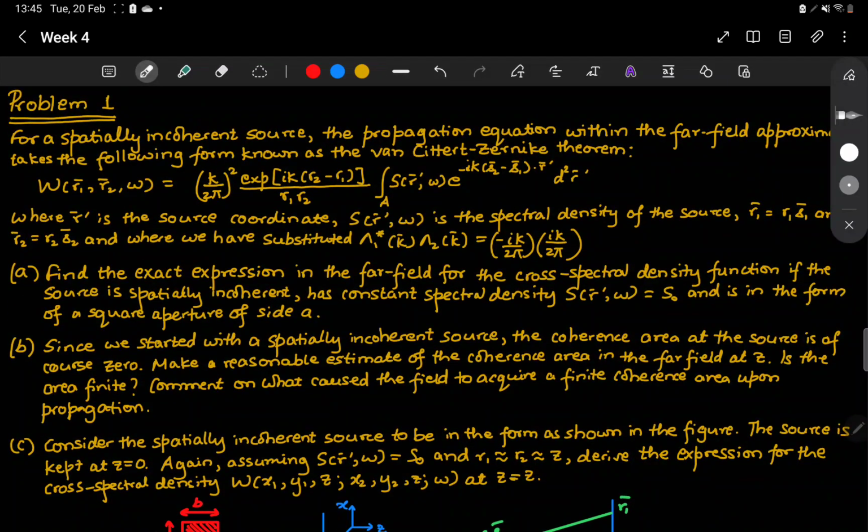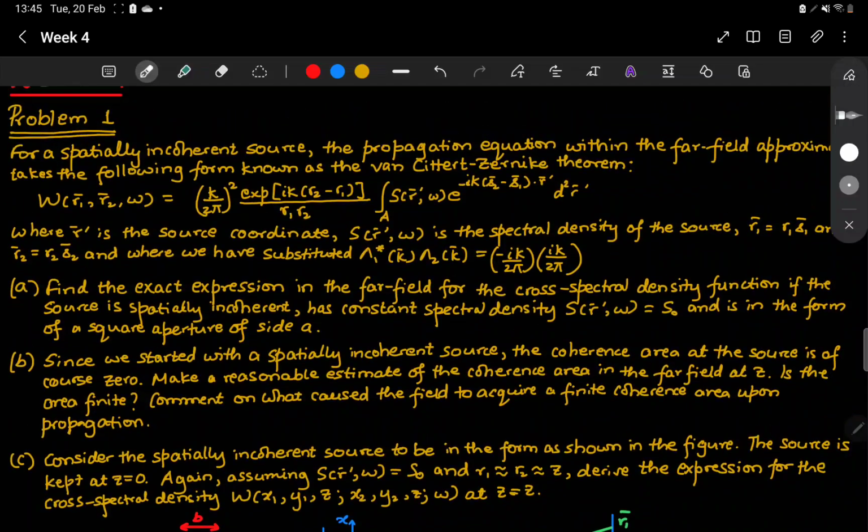Problem 1. For a spatially incoherent source, the propagation equation within the far field approximation takes the following form, known as the Van-Sittert-Zernike theorem. It is given as follows.